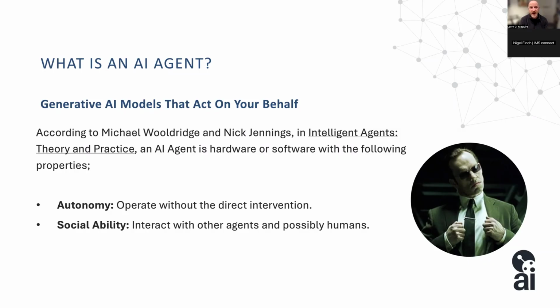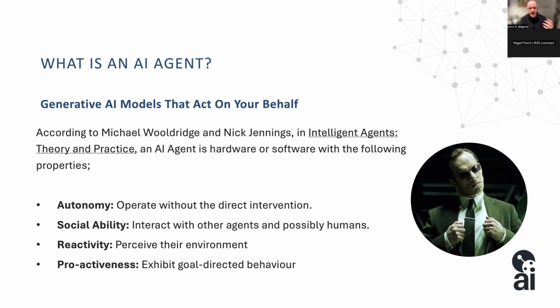So it acts on your behalf based on the instructions that you provided. And then it can react to circumstances in the environment, in the email environment or the CRM package you happen to be using, and make a decision based on what it perceives. And then it can be proactive in terms of pursuing goals that you set for it.